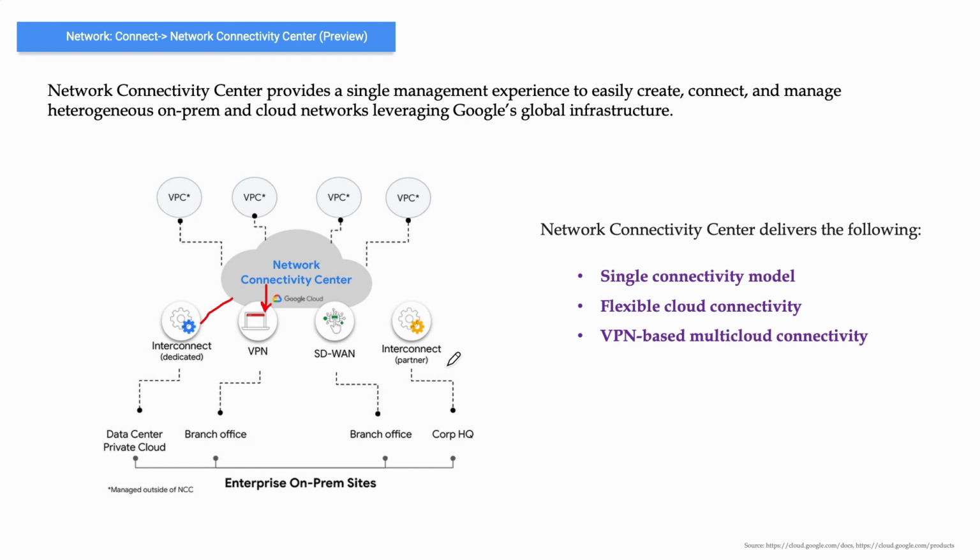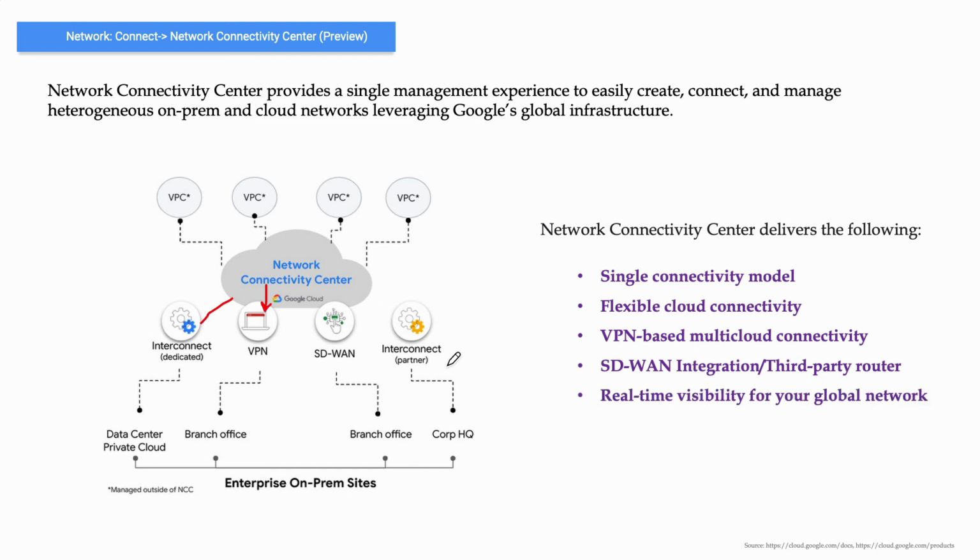Then it will give you VPN-based multi-cloud connectivity because a lot of enterprises are on AWS, GCP, and Azure. So this will give you one unified place to connect to other cloud providers as well. Then the SD-WAN integration and the third-party router is very important because it can be used as the default landing point when you are integrating with SD-WAN or other routing solutions.